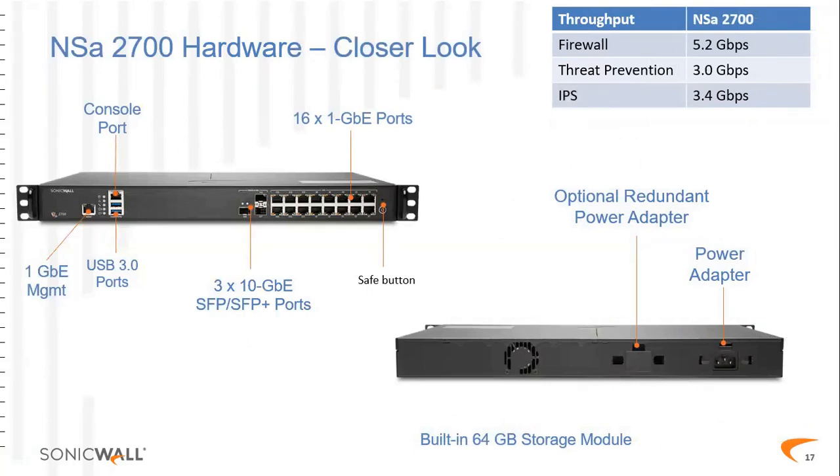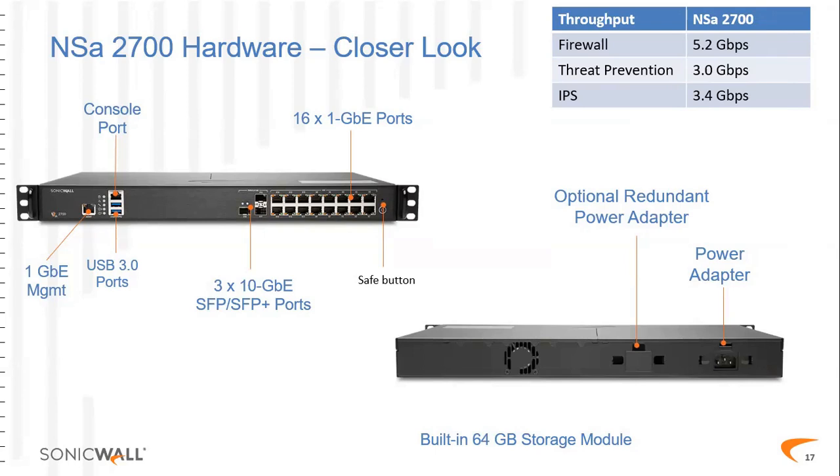So for the NSA 2700 hardware, you can have a closer look at this. They provide 16 ports for 1 gigabit, and then they have the console also, the 1 gigabit management port, and the USB 3.0 also. And this model provides 3 ports for 10 gigabit SFP and SFP+.